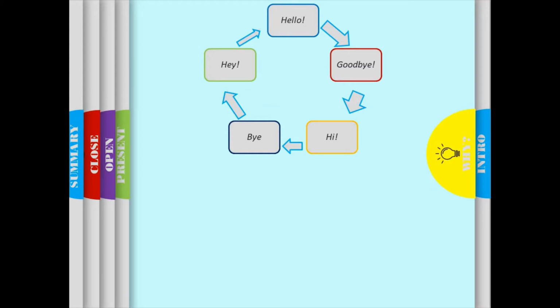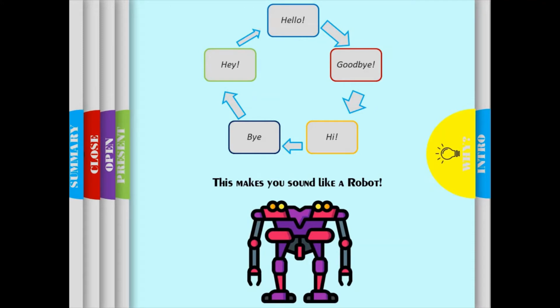This is what I hear quite often, and when you use the same vocabulary over and over again, this makes you sound a bit like a robot. So let's move on to the next slide to see what we can do to change this.